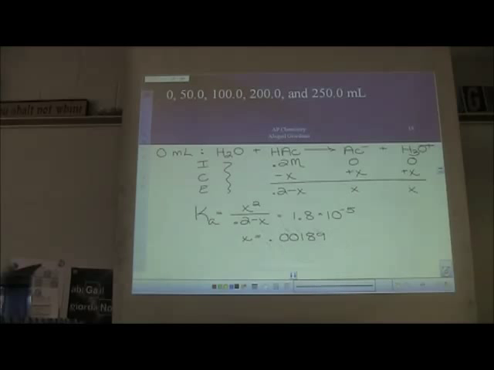Why is it okay to do that? Because x is my H plus concentration. So yes, it is okay to just say negative log of this number. I'll save you the time. This is what you'll get.